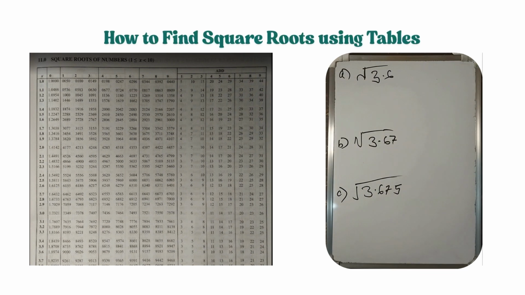Now for the square root of 3.6, we look at the square root numbers from 1 to 10 table. Let's locate row 3.6 and look under column 0.